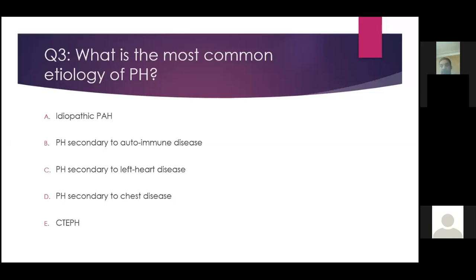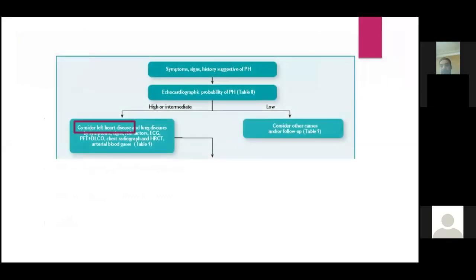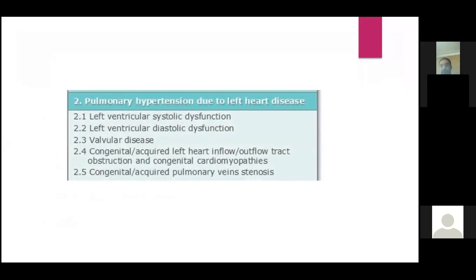So now we have a split opinion between idiopathic pulmonary arterial hypertension and pulmonary hypertension secondary to left-sided heart disease. Let's clarify this point. If we look again at the algorithm of pulmonary hypertension diagnosis, the next step is to consider left heart disease. This is the cause of pulmonary hypertension due to left heart disease. It might be systolic dysfunction, diastolic dysfunction, or valvular heart disease.